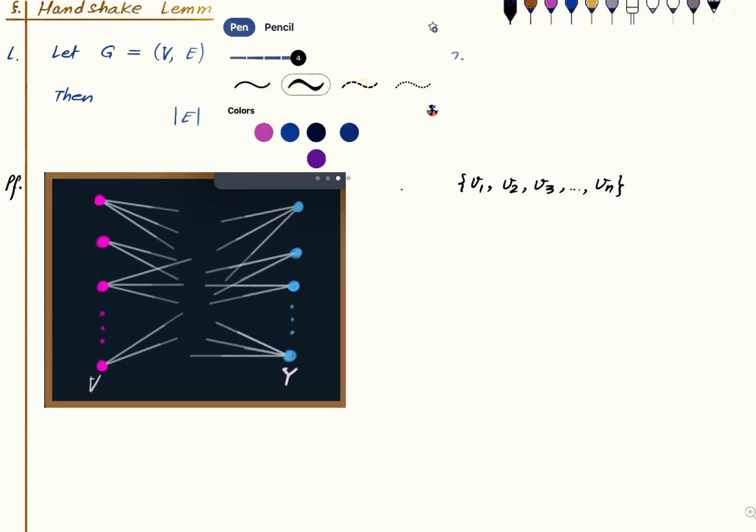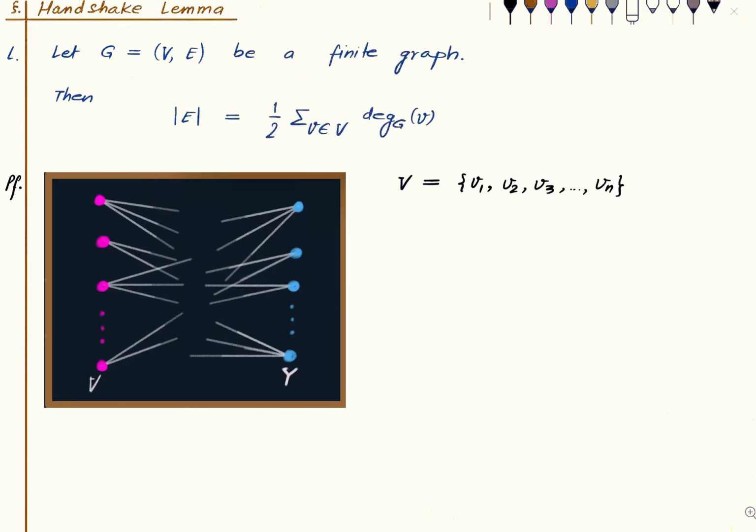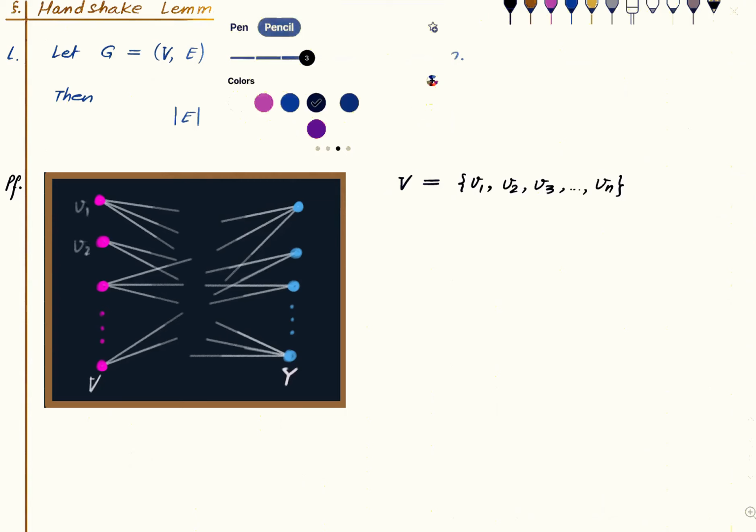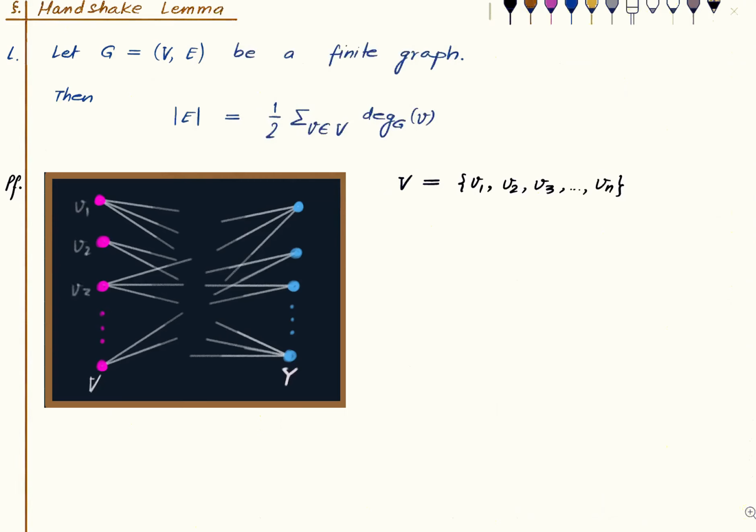So this is V1, this is V2, this is V3 up to Vn. Okay, and on the right side, these are all the edges.